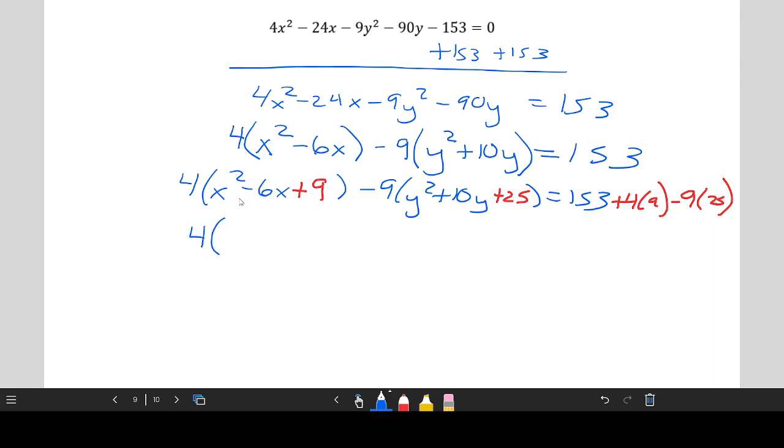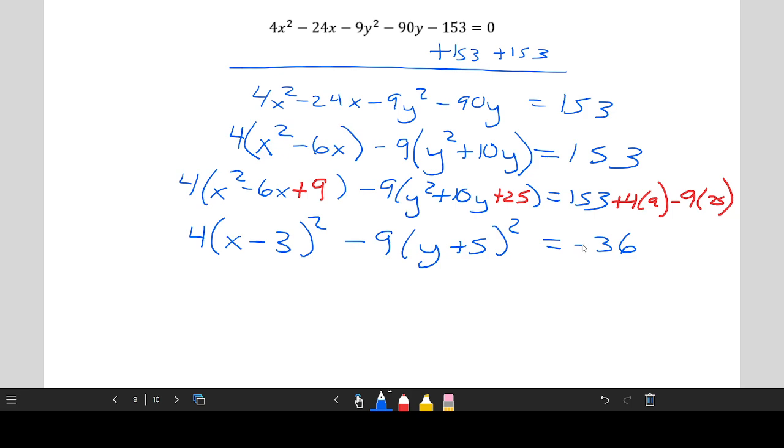And so then this part factors as x minus 3 times x minus 3, which is x minus 3 squared. And then this set of parentheses factors as y plus 5 squared. And the right side comes out to negative 36.